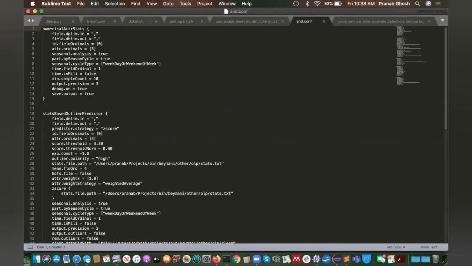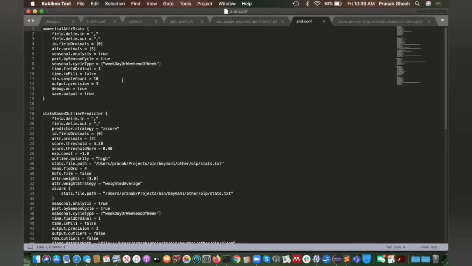So it uses a different Spark job. And this is the configuration for that, which calculates mean and standard deviation. So this data set has essentially data for 4 different servers. And also it has seasonal cycles. So for example, the usage has one pattern during the weekdays and another during the weekends.